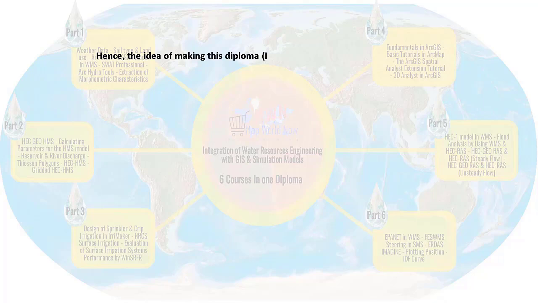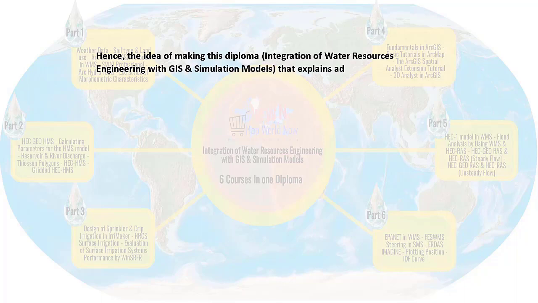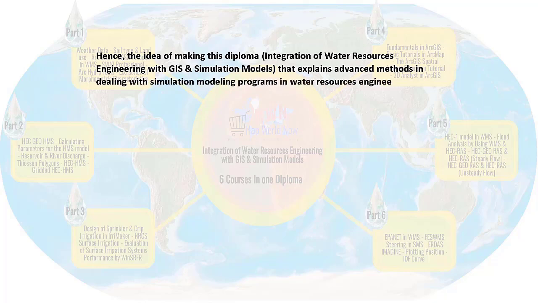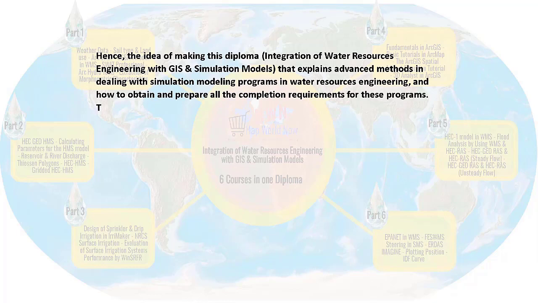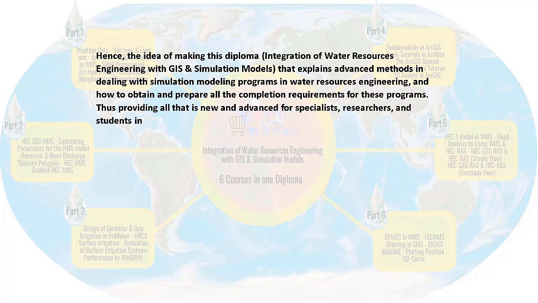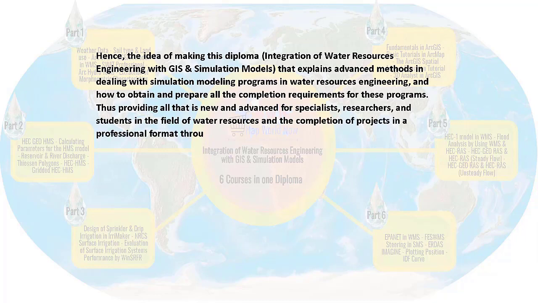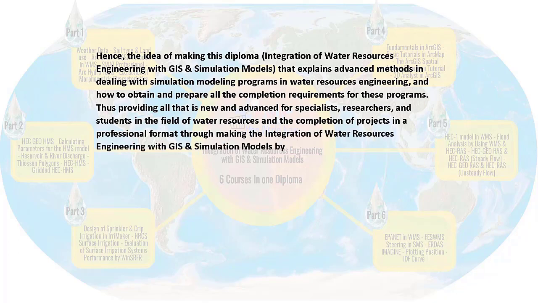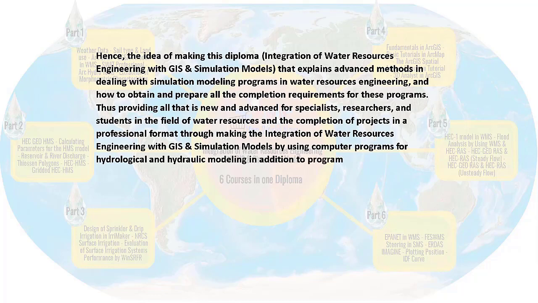Hence, the idea of making this diploma, integration of water resources engineering with GIS and simulation models, that explains advanced methods in dealing with simulation modeling programs in water resources engineering, and how to obtain and prepare all the completion requirements for these programs, thus providing all that is new and advanced for specialists, researchers, and students in the field of water resources and the completion of projects in a professional format through making the integration of water resources engineering with GIS and simulation models by using computer programs for hydrological and hydraulic modeling in addition to programs for modeling different irrigation methods.